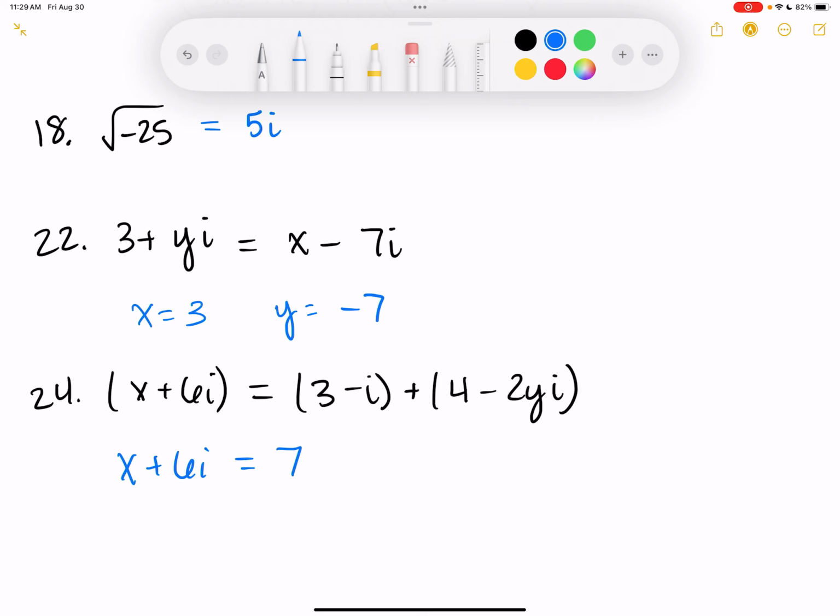So hold on one second. Okay, guys. I'm just looking at something because I think there might be a typo in the book, so that's why I'm checking.